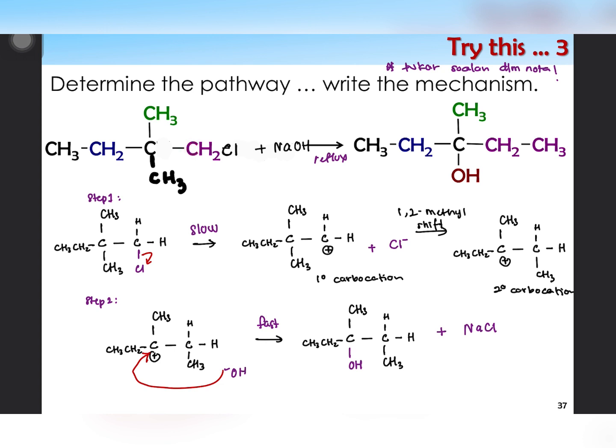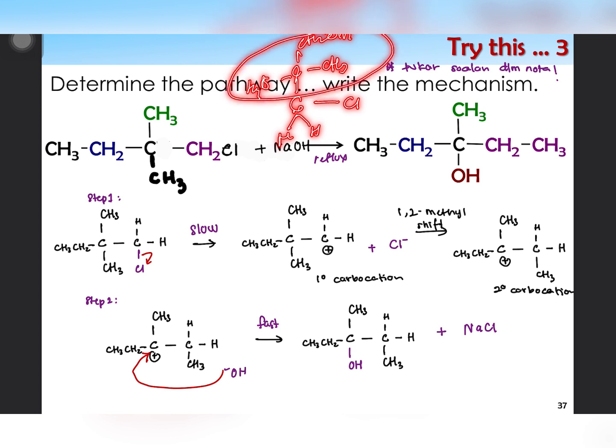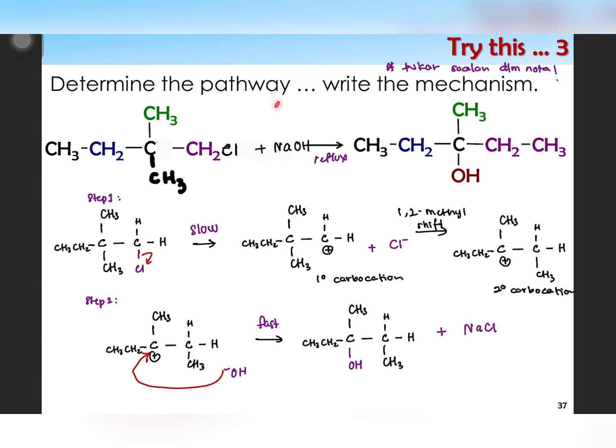Okay, kalau kamu expand carbon, hydrogen, Cl, and you have this CH3, CH3, CH2, CH3. Okay, so you can see here ada bulky group attached to this carbon. That is why kita tak akan favor SN2 mechanism. So for this reaction, dia akan favor SN1.